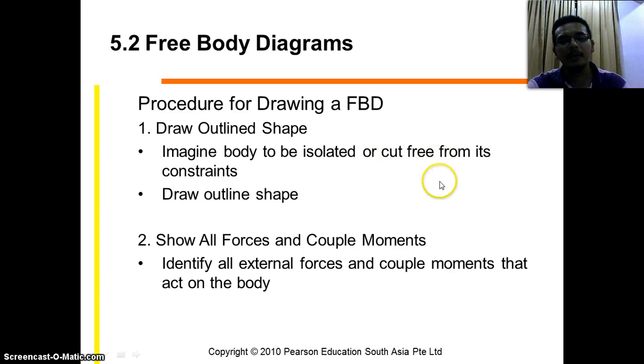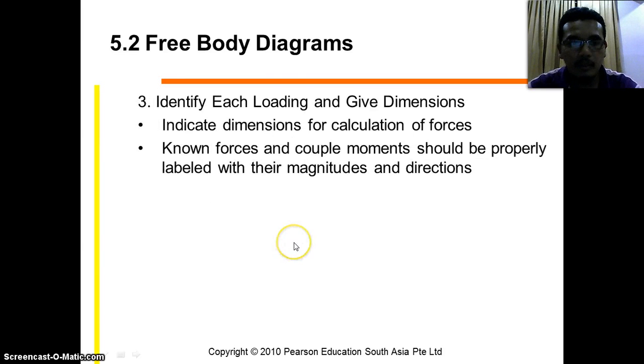What will be the X axis, what will be the Y axis, and then show all forces and couple moments as well. So identify all external forces and couple moments that act on the body. The next one is we need to identify each loading and give dimensions. So indicate the dimensions for calculation of forces, and known forces and couple moments should be properly labeled with magnitude and direction.